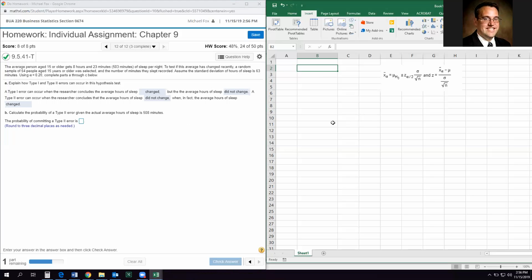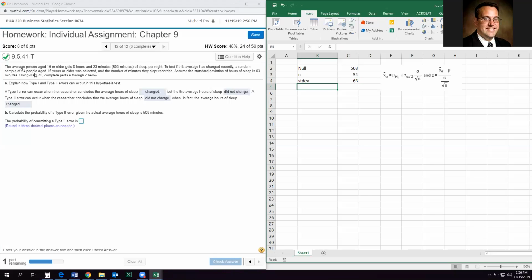So we'll start with our null, or that is the assumed or historical number here, which is 503 hours of sleep per night. We also know that our n, or our sample size, is 54. We also know our standard deviation, population standard deviation, is 63 minutes.